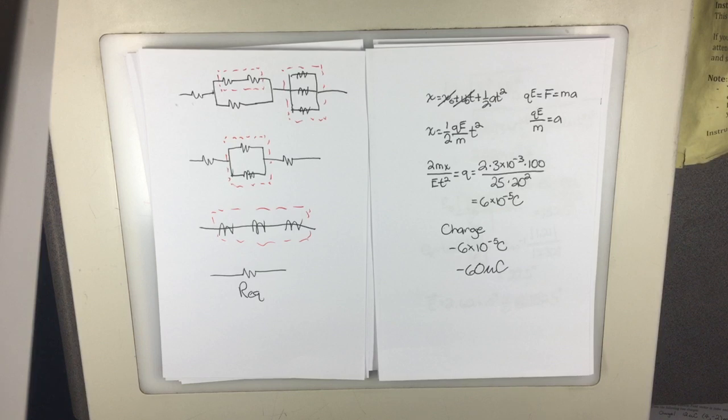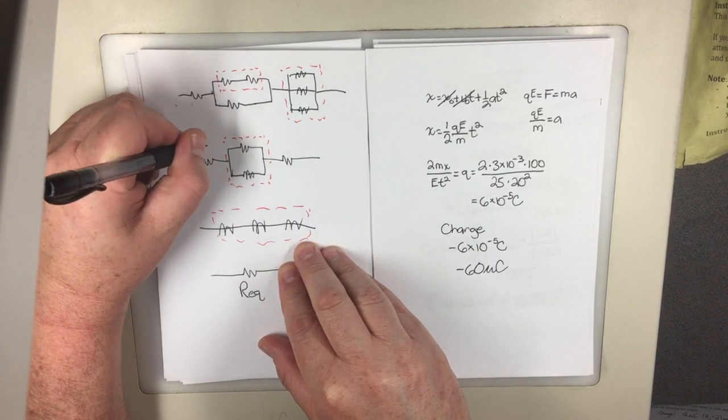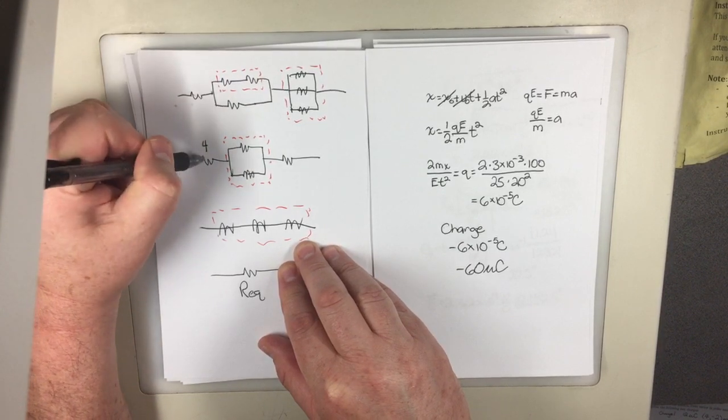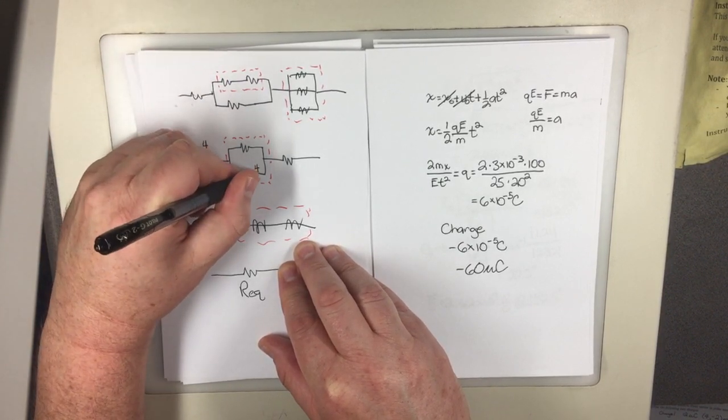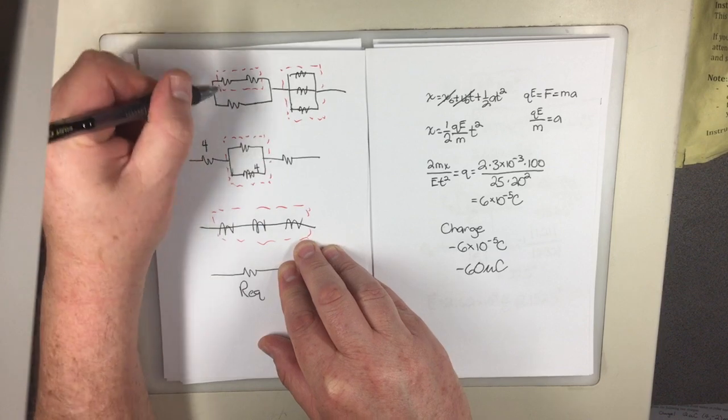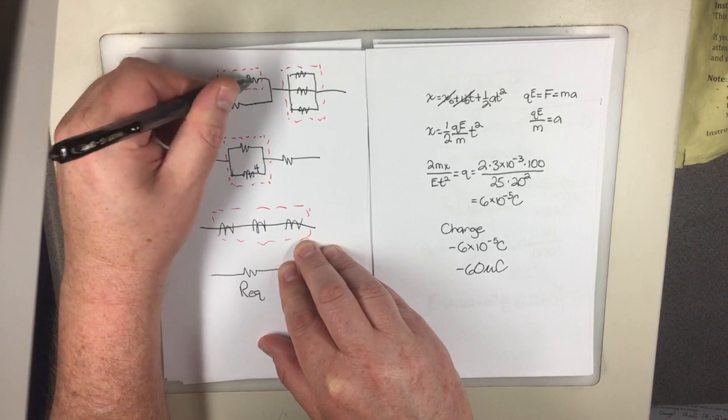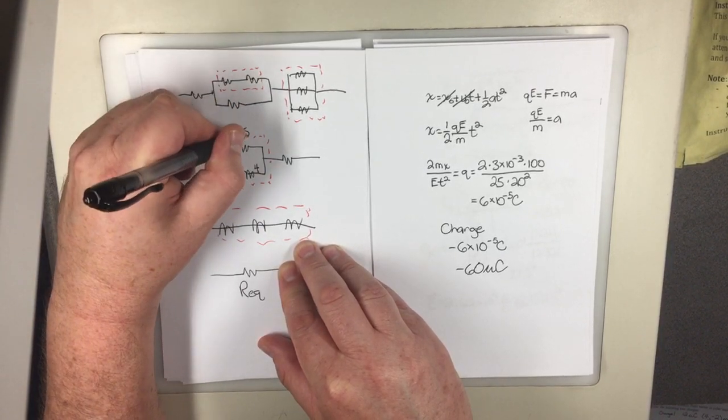Now let's go get some numbers to this. All of the resistors are 4. So this is 4 for certain. That just goes down to there. That's 4 because that goes down to there. Those are 2 resistors in series, so that becomes 8.